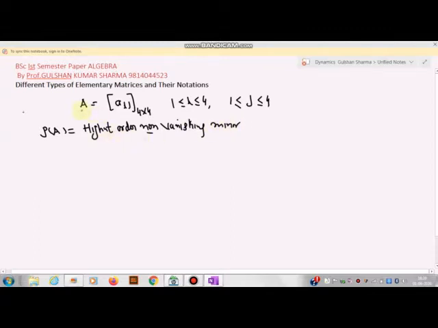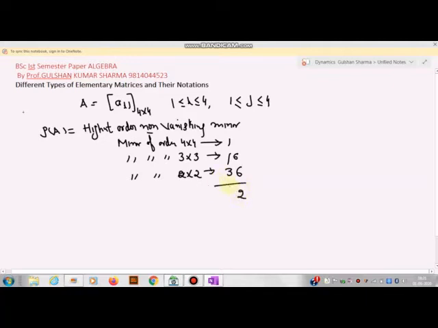If I am talking about the 4 by 4 matrix, then the minor of order 4 by 4 is 1, the minors of order 3 by 3 are 16, and the minors of order 2 by 2 are 36, plus 1, that is 53. We have to solve these 53 minors.